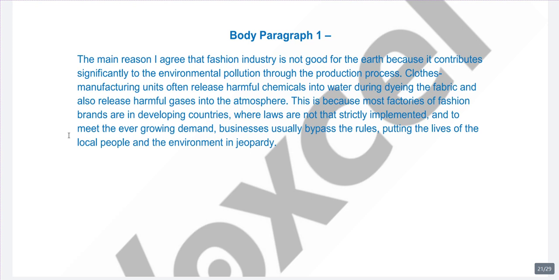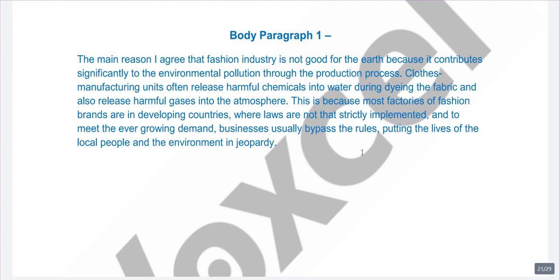And to meet the ever growing demand, because people are buying all the time, businesses usually bypass the rules, putting the lives of the local people and the environment in jeopardy. Obviously every business wants to earn profit.